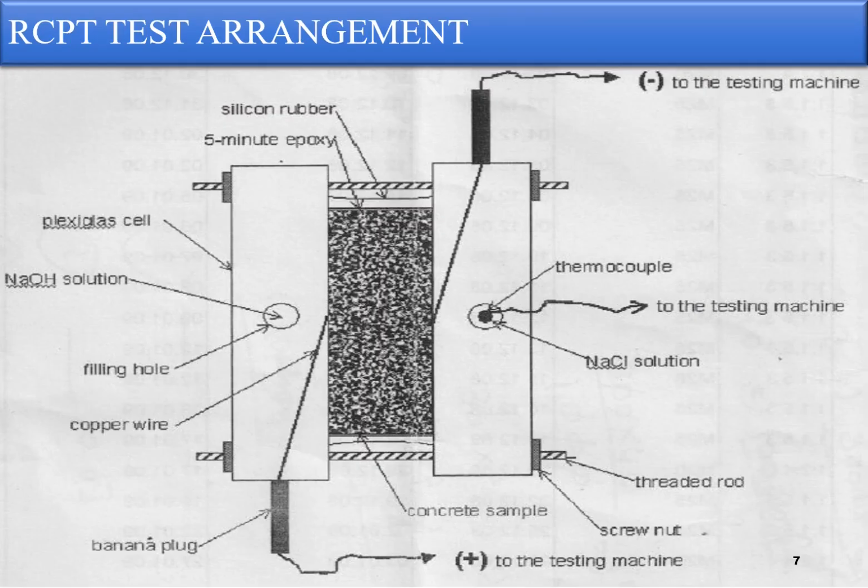So this is a typical sketch of the RCPT test arrangement, where you can see that on one side you have NaOH solution and on the other side you have sodium chloride solution, which is being thermocoupled. The samples are sealed and covered by silicone rubbers. Then a positive charge is applied from the sodium hydroxide solution side, and the negative charge is connected to the sodium chloride side, and then the movement of the chloride ions from one portion to the other is being measured.